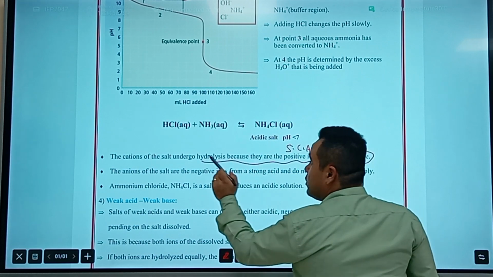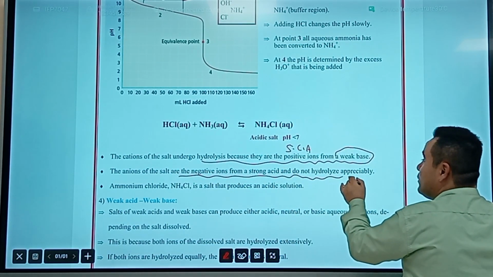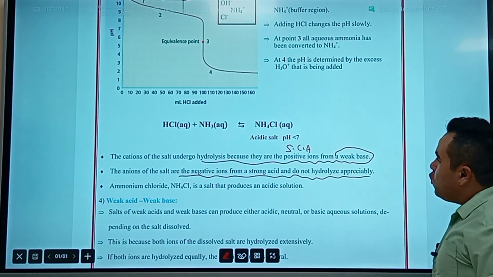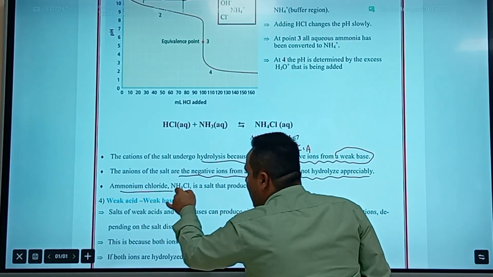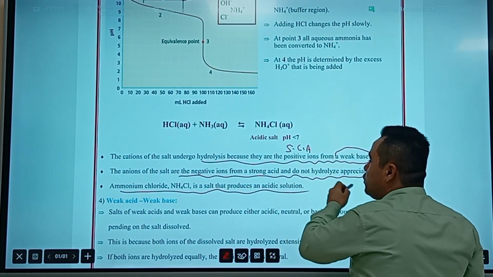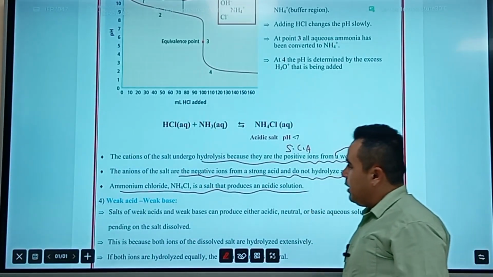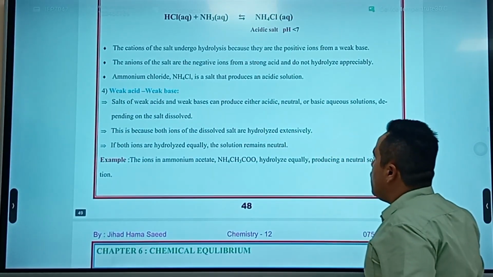The anions of the salt are the negative ions from a strong acid and do not undergo hydrolysis because it's a weak conjugate base. Ammonium chloride is a salt that produces an acidic solution because of cation hydrolysis.